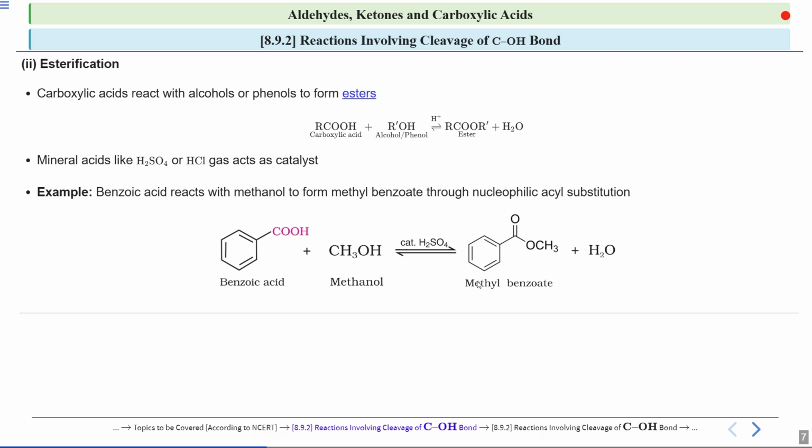Okay, so this reaction is an esterification reaction which proceeds through a nucleophilic attack of alcohol on this carbonyl carbon, followed by the elimination of water. So this proceeds through a nucleophilic acyl substitution. It is an example of nucleophilic acyl substitution. So when you react carboxylic acids with alcohols or phenols, you get an ester.